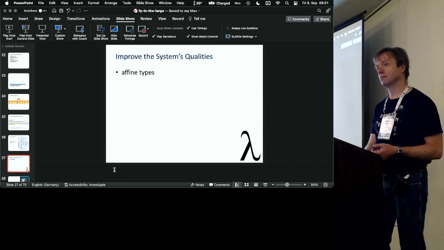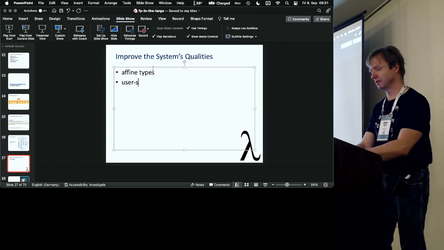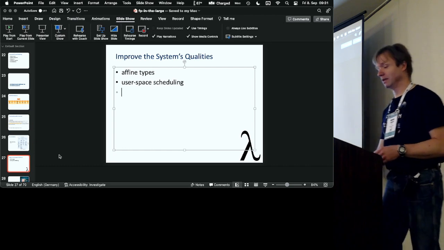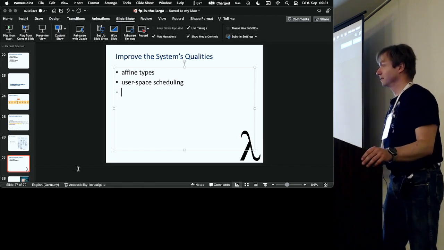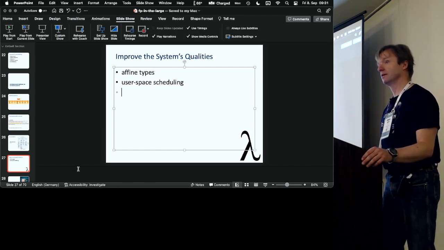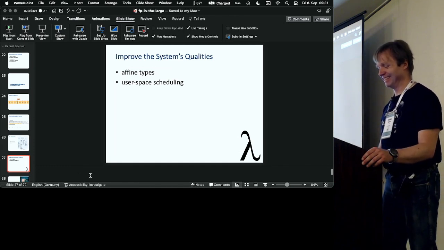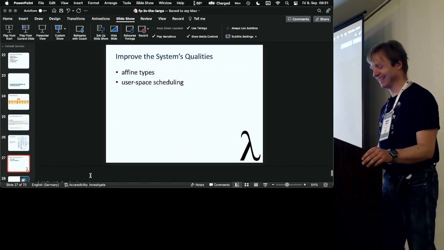User space scheduling. Is that a functional thing? Like Haxl. It came out of the PL research. Okay. Writing it to not have bugs in the first place. Yeah, an idea that only functional programmers have ever had.